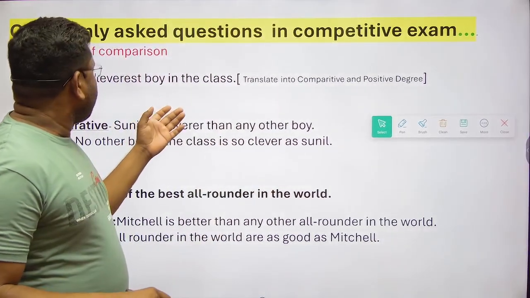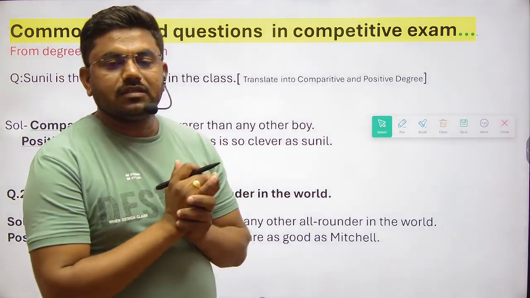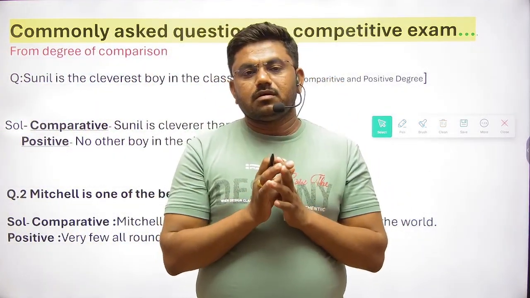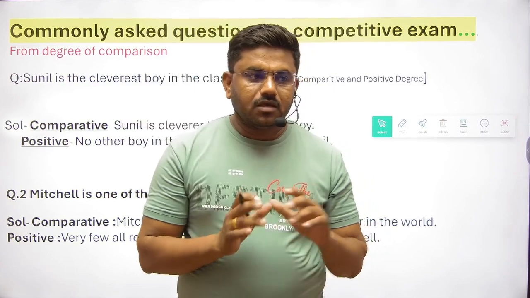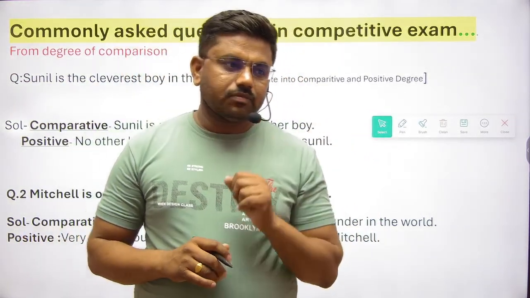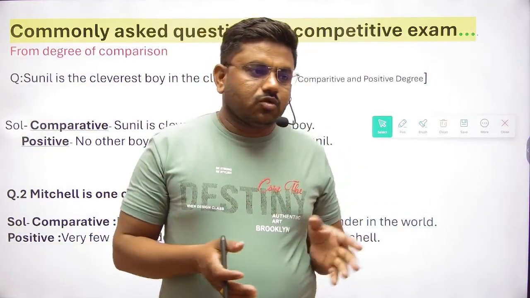Sunil is the cleverest boy in the class. This sentence is from the superlative degree. Who is the cleverest? That is Sunil. If you want to translate it into the comparative and positive, then what to do?